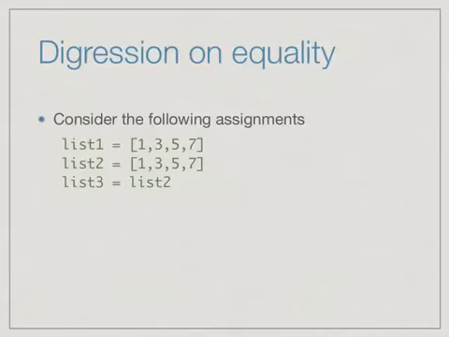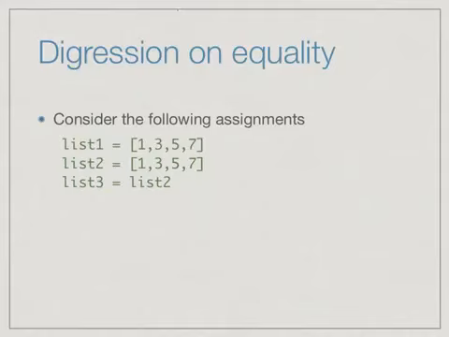So this leads us to a digression on equality. So let us look now at this set of Python statements. We create a list 1357 and give it the name list1. And we create another list 1357 and give it the name list2. And finally, we assign list3 to be the same value as list2, and this, as we said, suggests that list3 is actually pointing to the same thing.